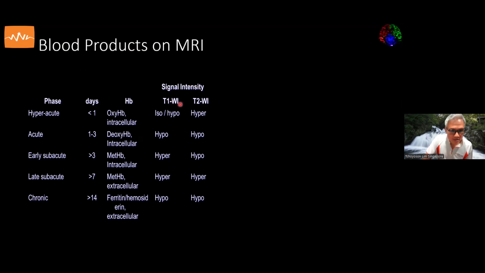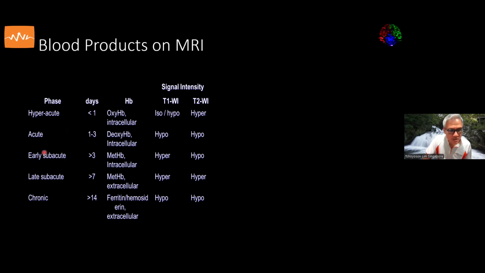The signal intensity on T1 weighted MR images will change from iso-intense or hypo to hypo to hyper, and then back to hypo in the different phases as time passes. Likewise, the T2 weighted MR image also changes in its signal intensity on a different time scale than a T1 weighted MR image.